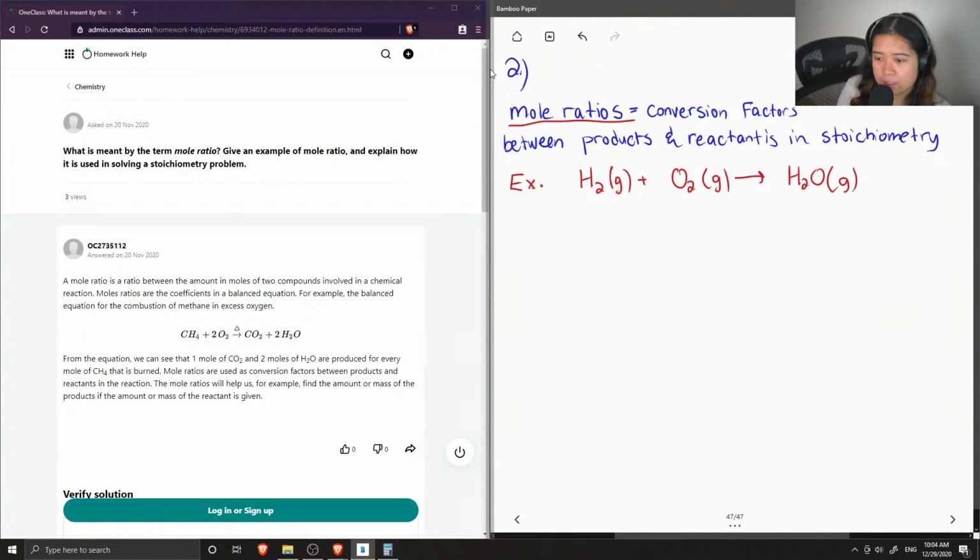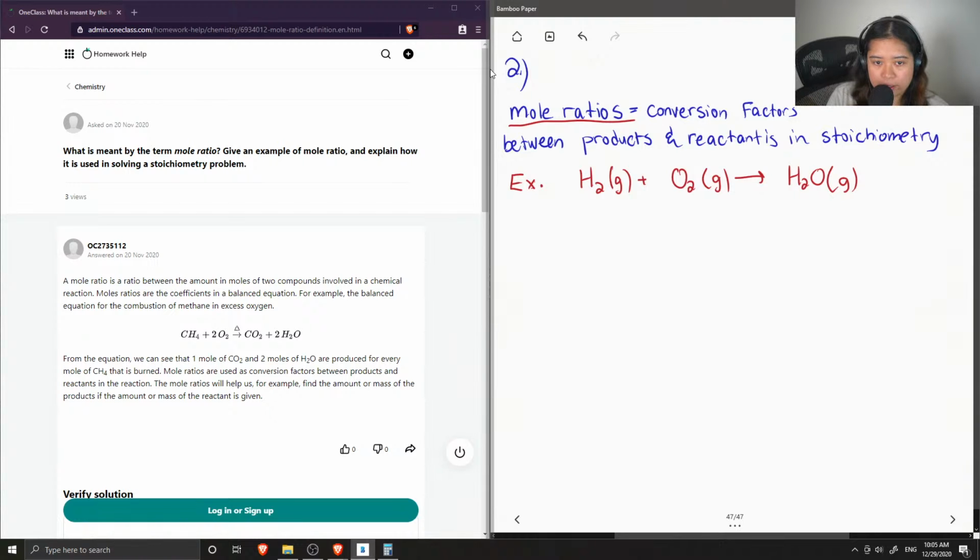An important thing about using mole ratios and stoichiometry in general is to make sure that your reaction is all balanced. So in the case of this reaction, notice we have 2 oxygens on our reactant side and only 1 oxygen on our product side.